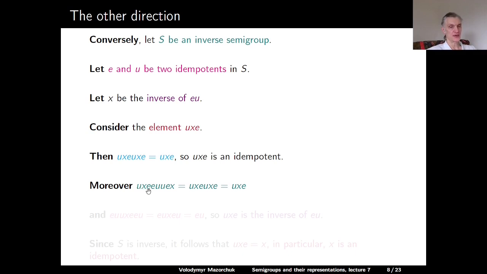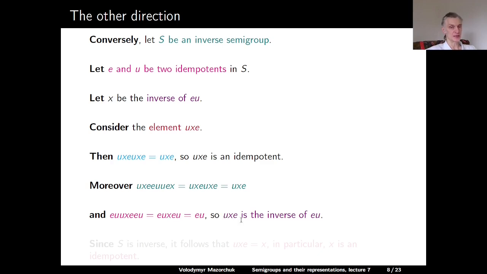Moreover, UXE times EU times UXE, this should be UXE. So E squared is E, U squared is U, we get UXE, and we just check that this is UXE. Similarly, EU times UXE times EU, so U squared is U, E squared is E, this is EUX EU, and this is EU because EU and X are inverse to each other.